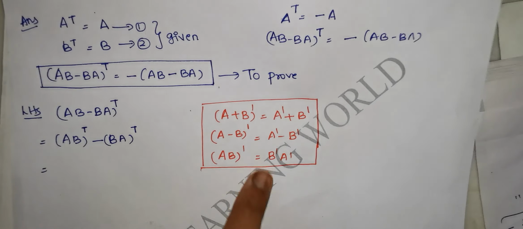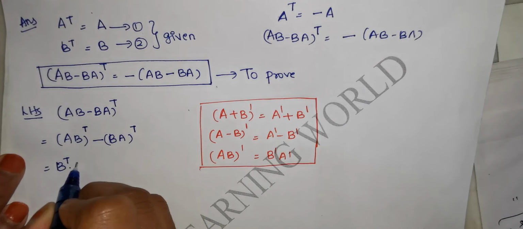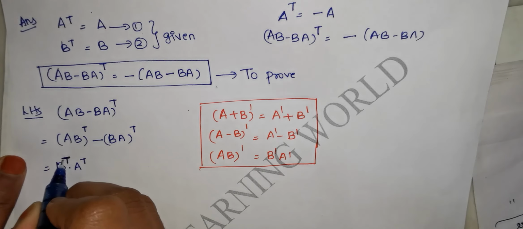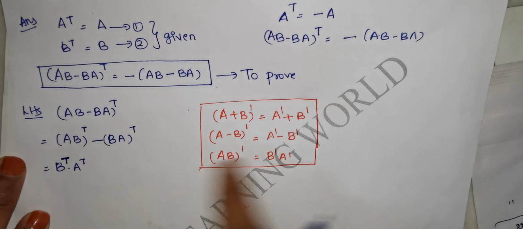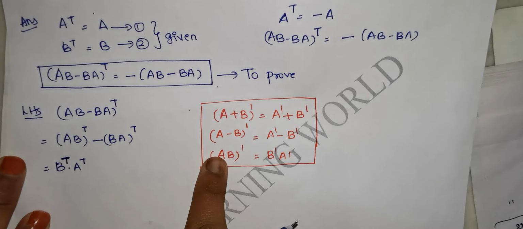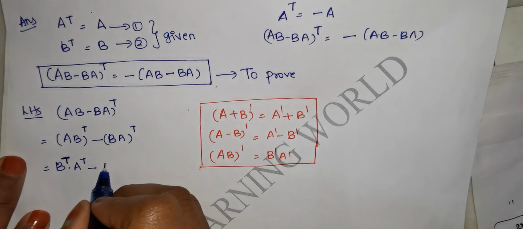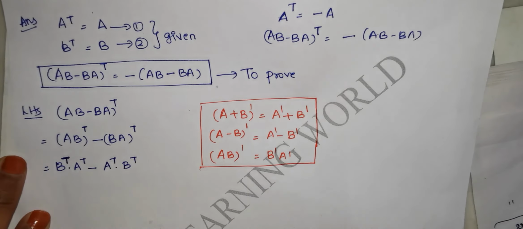AB the whole transpose is B transpose A transpose. So here I can write B transpose into A transpose. We can either represent transpose like B raised to T, or we can just put a dash. Both are correct. This is also transpose, this is also transpose. So minus, here A will come first, A transpose into B transpose.